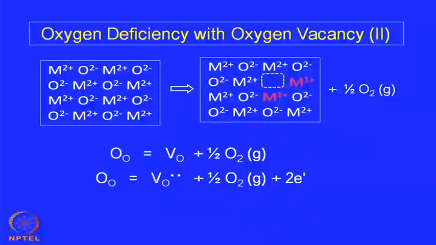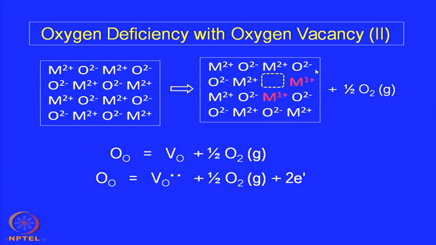The electrons created by the different defects are relatively mobile, and that is why they are written separately. One has gone there, another has gone there. These are two electrons, that is what we write here.